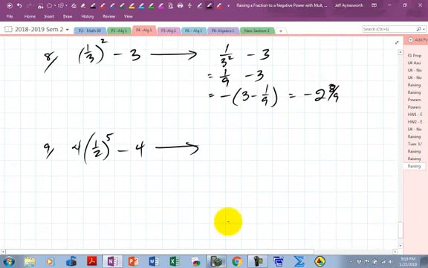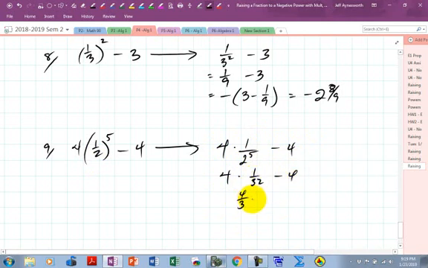All right, next one, try it, number 9. All right, so 4 times 1 to the 5th, which is 1, divided by 2 to the 5th, minus 4. This is 4 times 1/32 minus 4. So when you multiply the numerators, right here, you get 4.